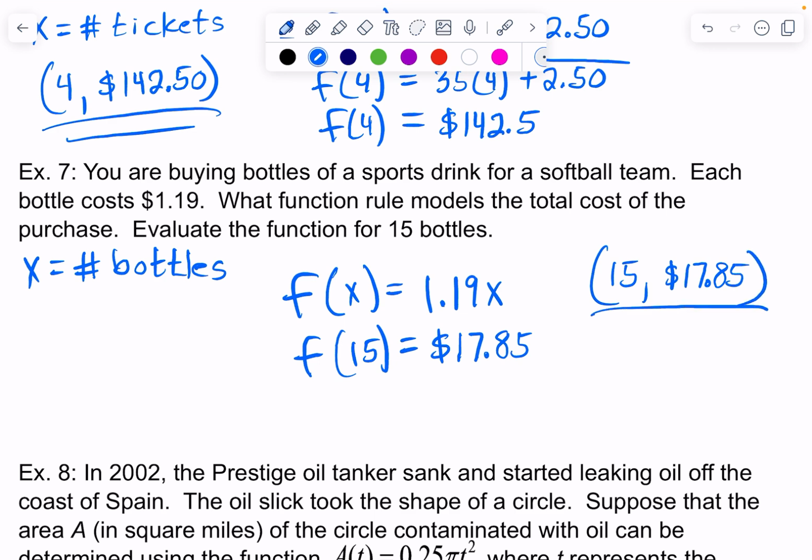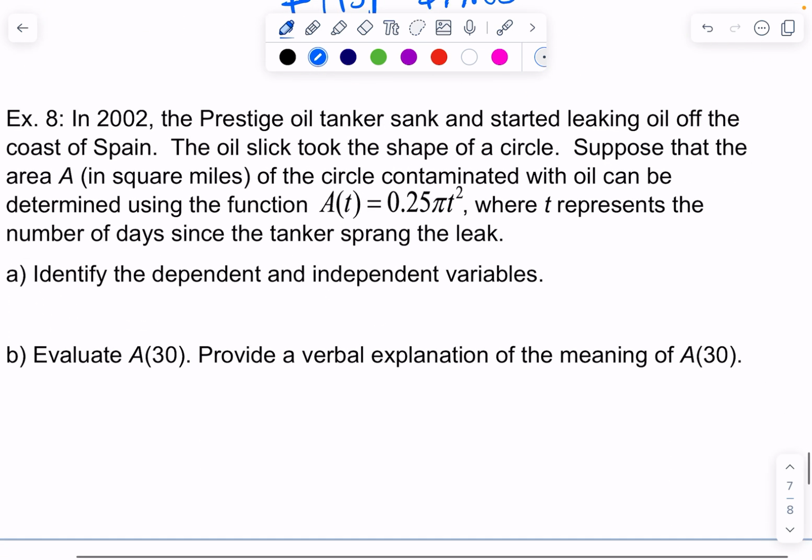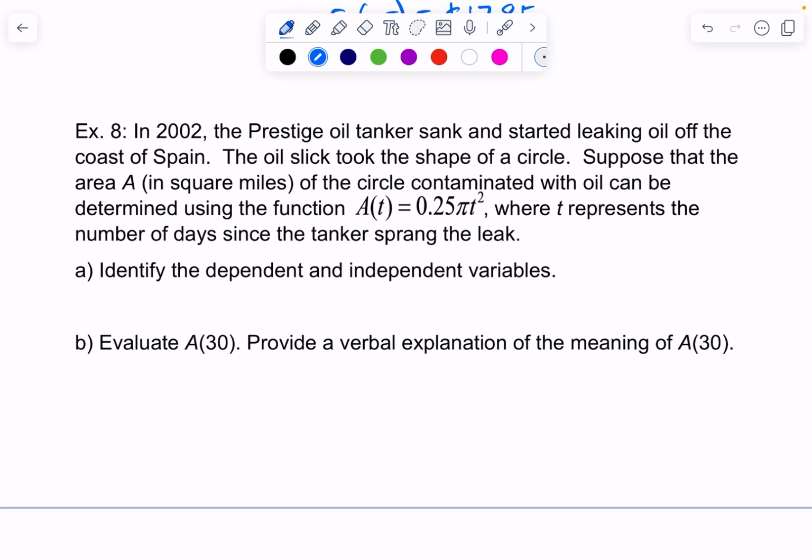And last but not least, in 2002, the Prestige oil tanker sank and started leaking oil off the coast of Spain. The oil slick took the shape of a circle. Suppose that the area A in square miles of the circle contaminated with oil can be determined by using the function A of t, so area is what the A stands for, t is time, which is independent.